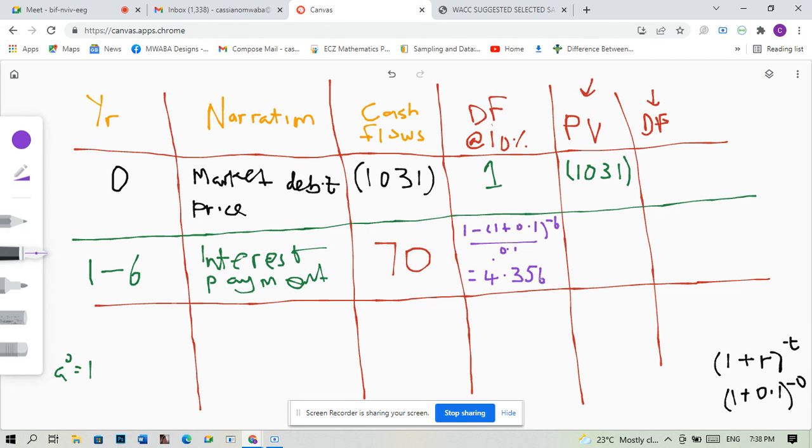Now we're going to multiply this 70 by 4.356. We're going to get 304.92.